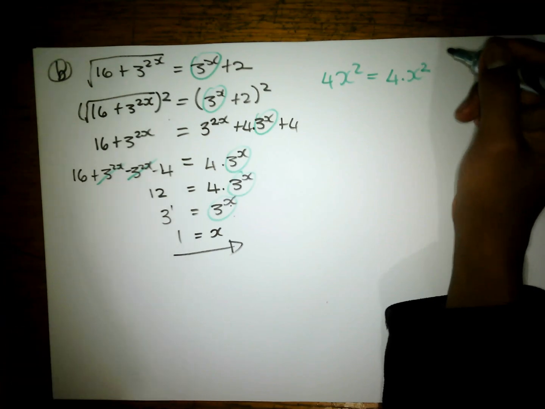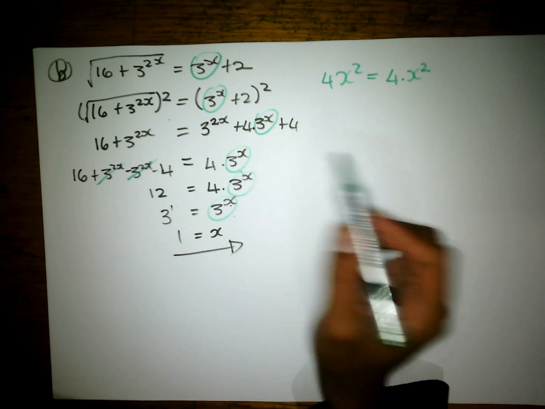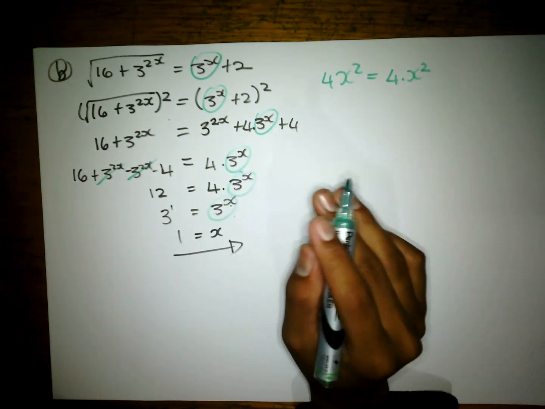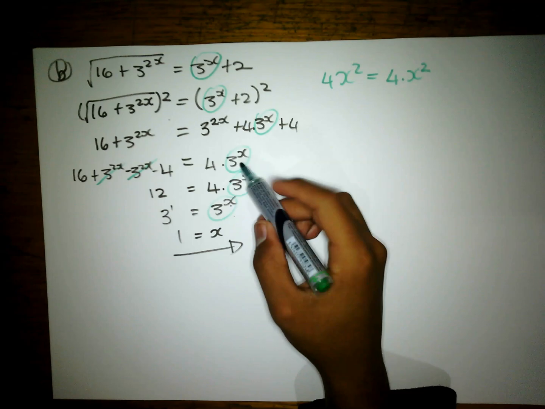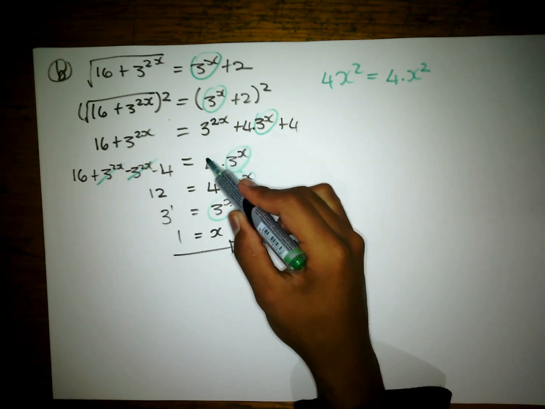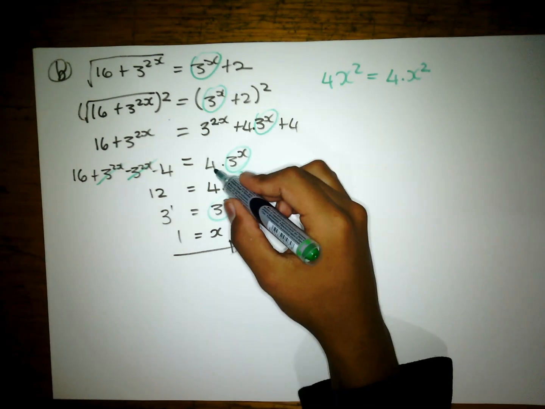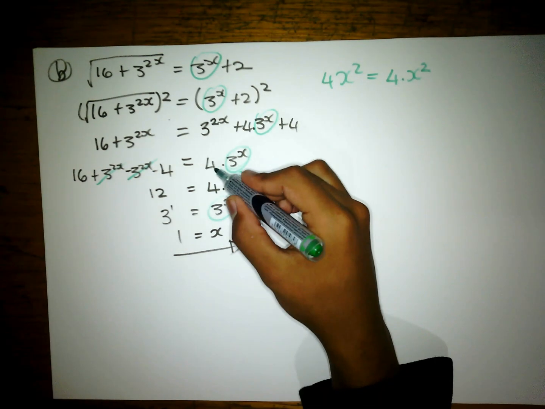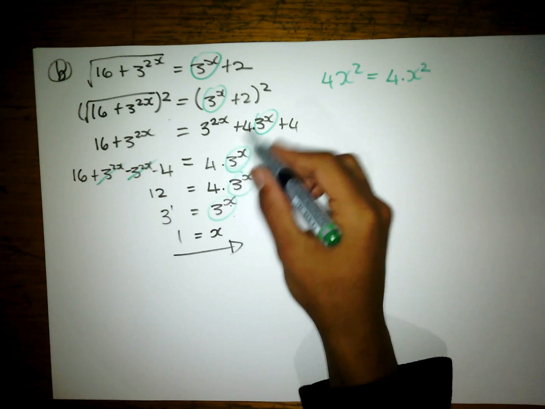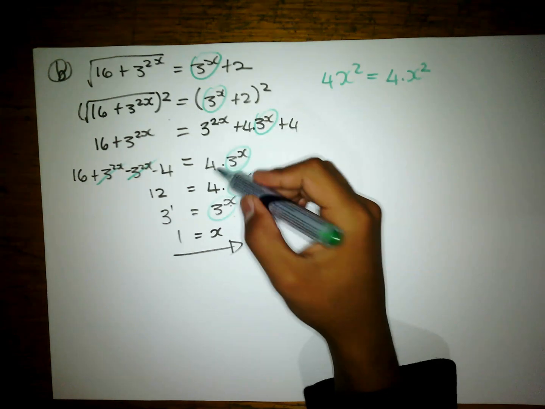So you can't say 4 times 3 is 12 to the power of x. That is incorrect, because that 3 to the power of x is its own thing. It has nothing to do with that 4. That 4 is just saying there are 4 of this 3 to the x that you got from expanding this here.